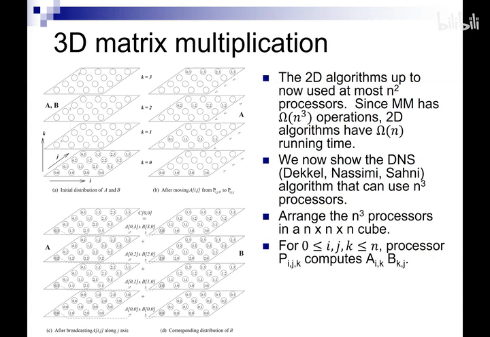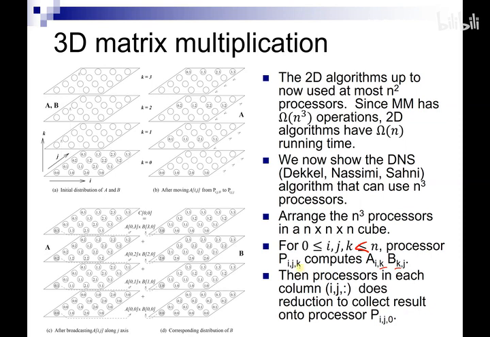In particular, this processor P_ijk is going to compute this value of the output. This is one of the values that you need at the ij position, and he's just going to compute one of these values for one particular value of k. k is something from 1 to n.